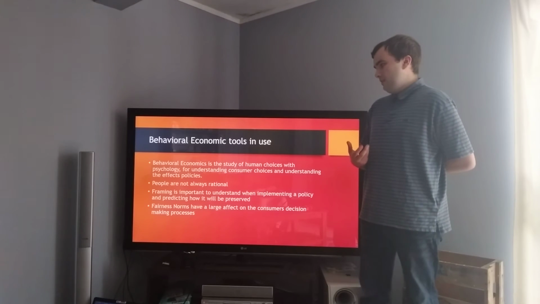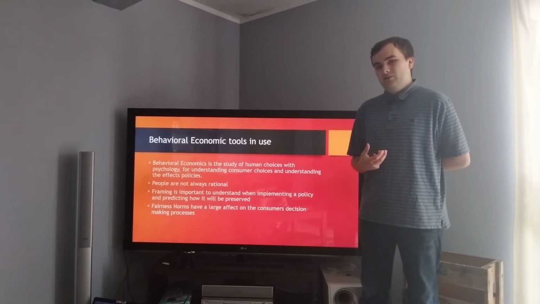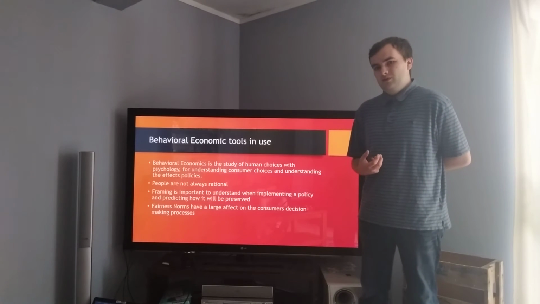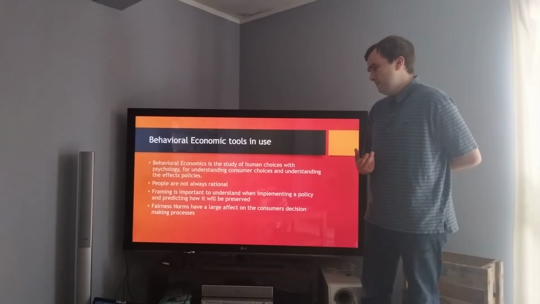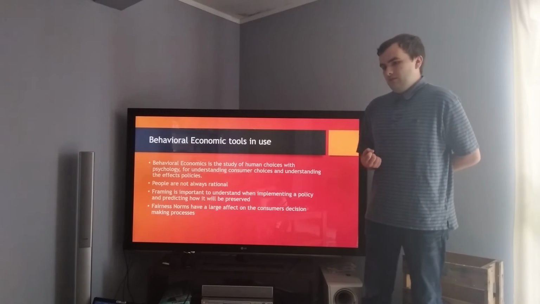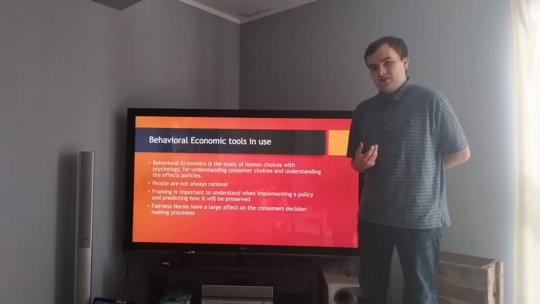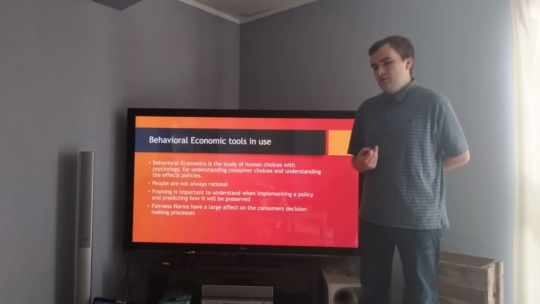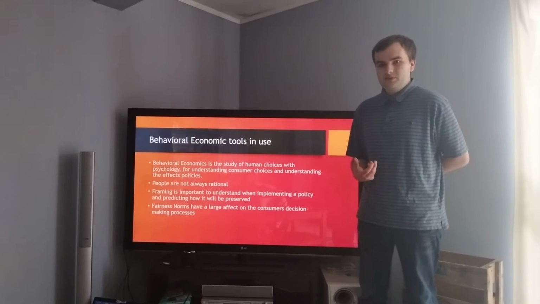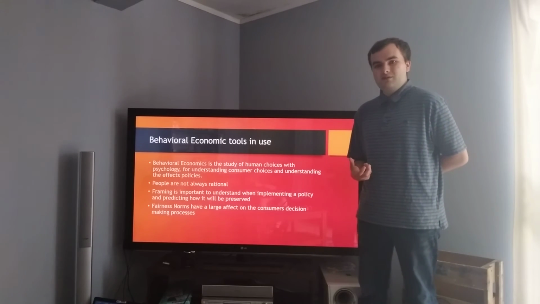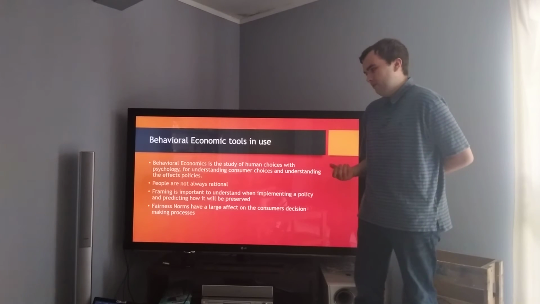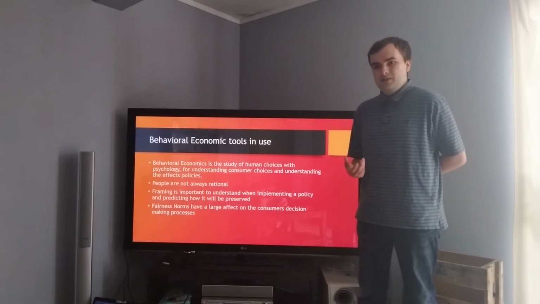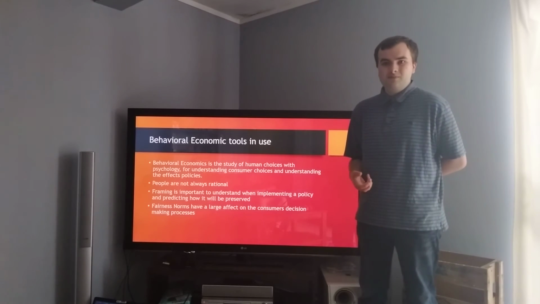Now, an important thing is that behavioural economics is a study of human choices using psychological studies. With the use of psychology, it means understanding consumer preferences and the choices that they make. In normal classic economics, we assume that all actors in policies and consumption are rational actors, and that they can make the best choices for themselves given the facts.